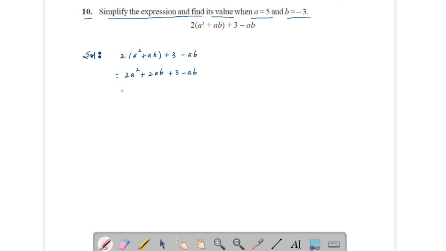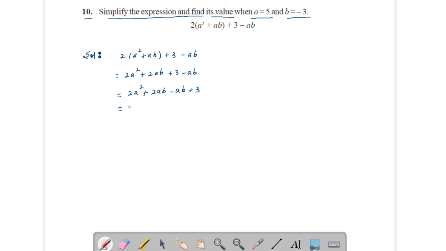Here collect the like terms. You will get 2a square plus 2ab minus ab plus 3.